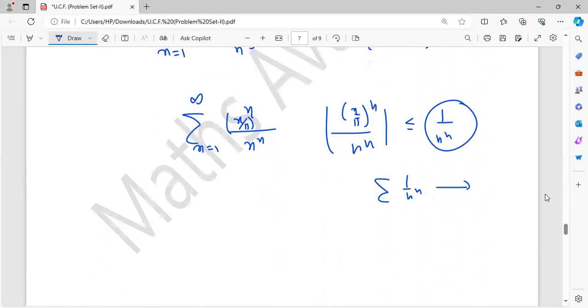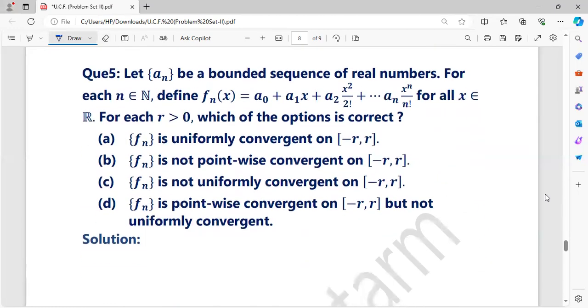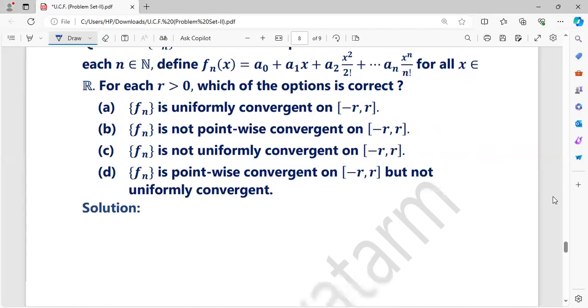Now, what about the last question? This function is given, and for each option, we have to check whether it is uniformly convergent or pointwise convergent. Now, see this.